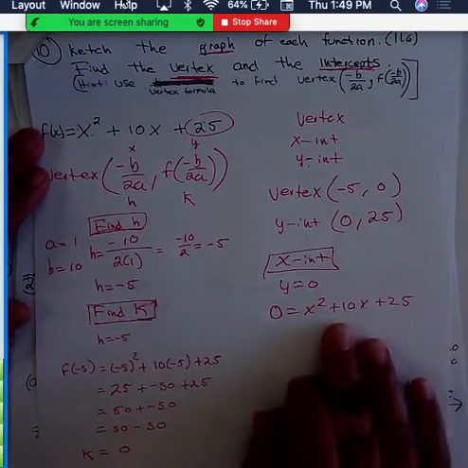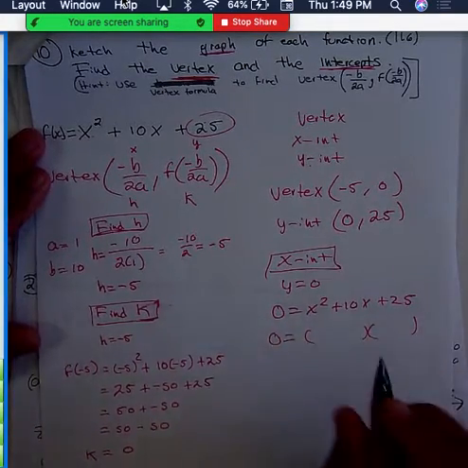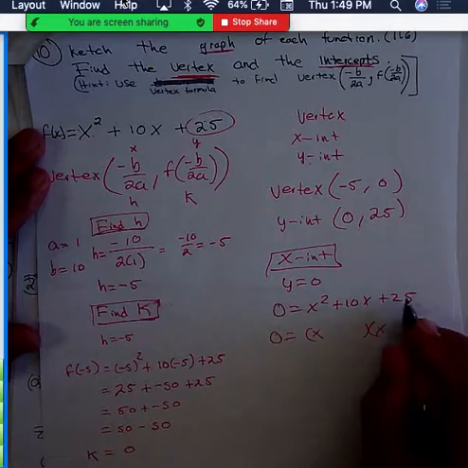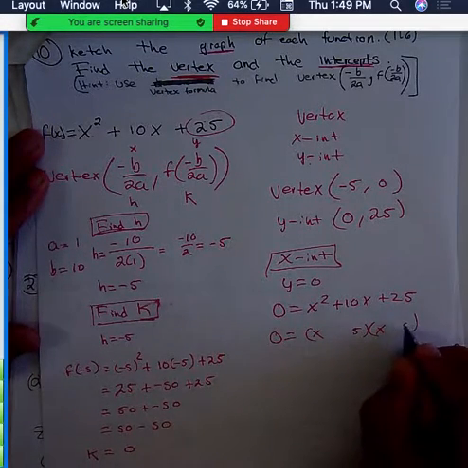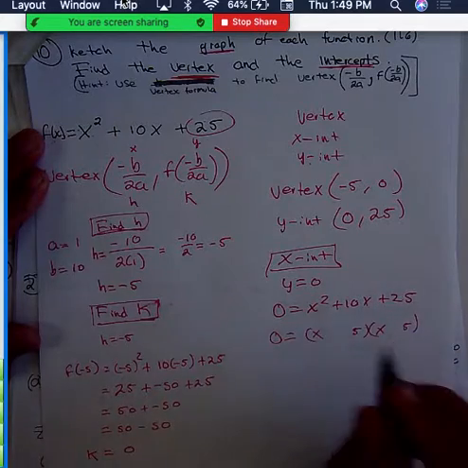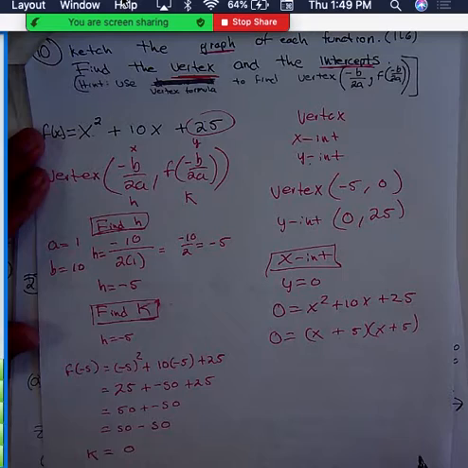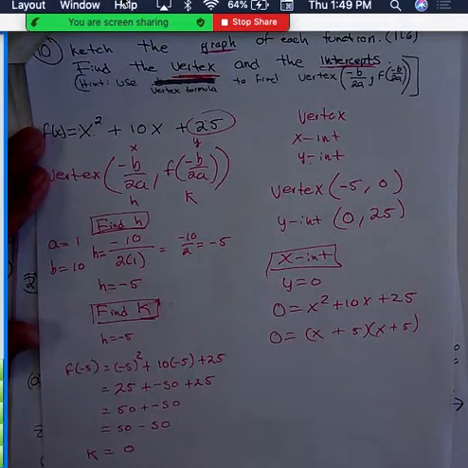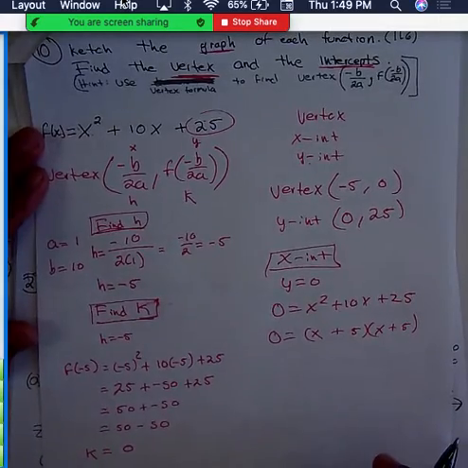How do you solve this one again? You factor. We need two numbers that multiply to 25 and add to 10. 5 times 5 gives you 25, and they add to 10. Oh, this is one of those beautiful ones. So you're only gonna have one x-intercept.